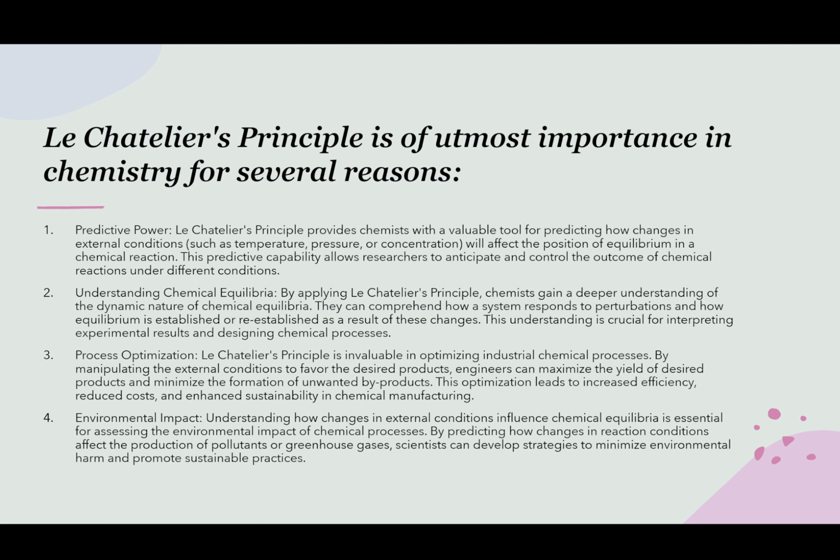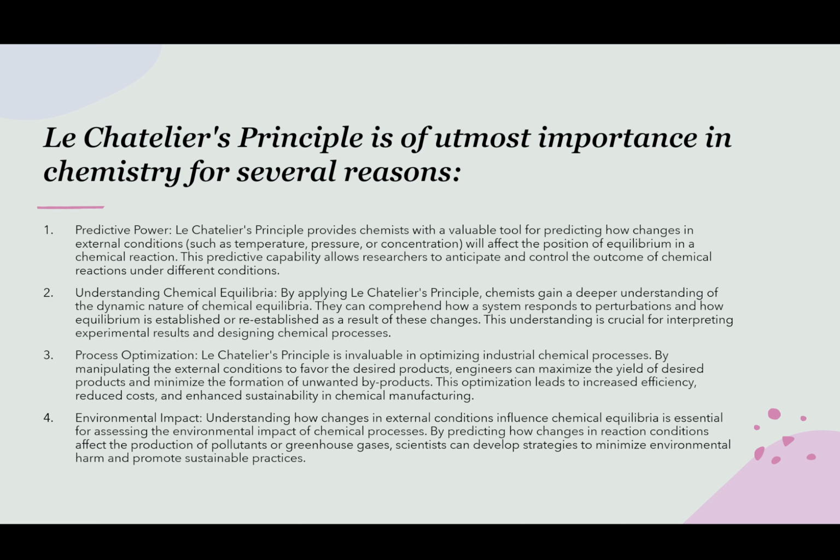So if we have an endothermic process, we tend to use Le Chatelier's principle in order to actually favor our product, right? We tend to move reactions to favor the products that we want them to produce, right? So product or process optimization is one important thing, especially when it comes to chemical manufacturing, right? And the environmental impact as well, right? So everything in life itself, in the world itself, really occurs through chemical systems.